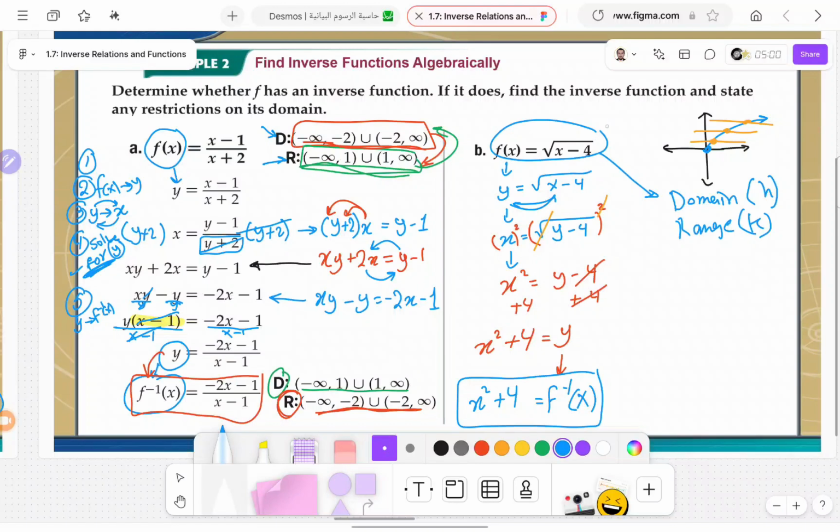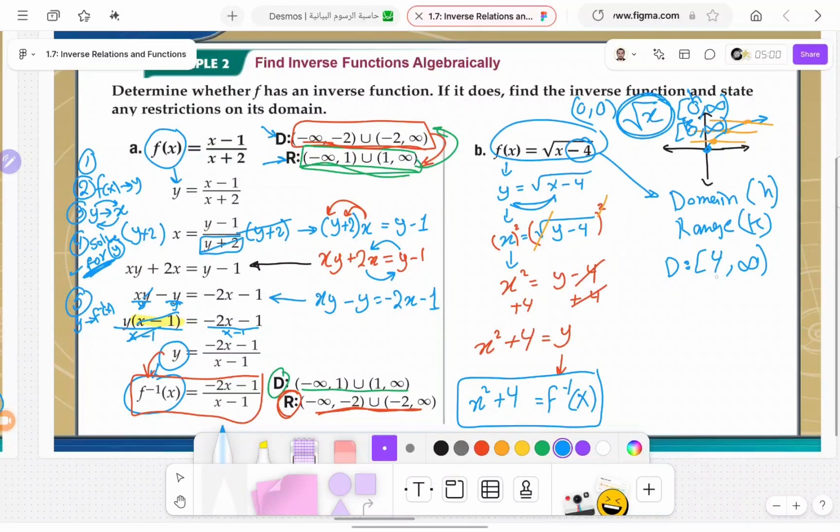The domain for the square root function, if you remember, I told you always starts from 0 to infinity, and the range also starts from 0 to infinity, because h and k here are 0 and 0. Now if you look at the function, what's h here? It's negative 4. So now the domain will start from 4 to positive infinity.